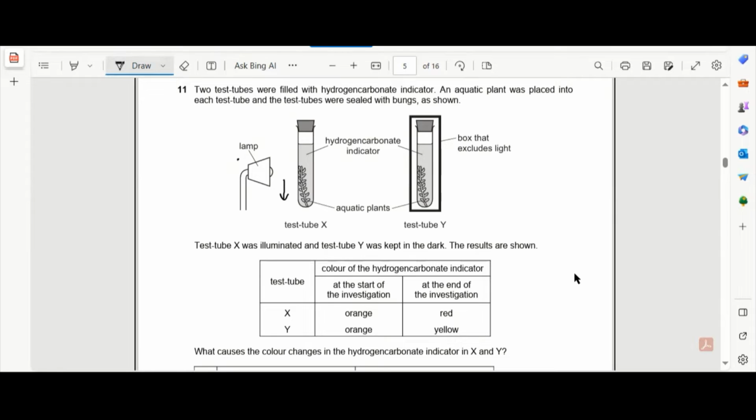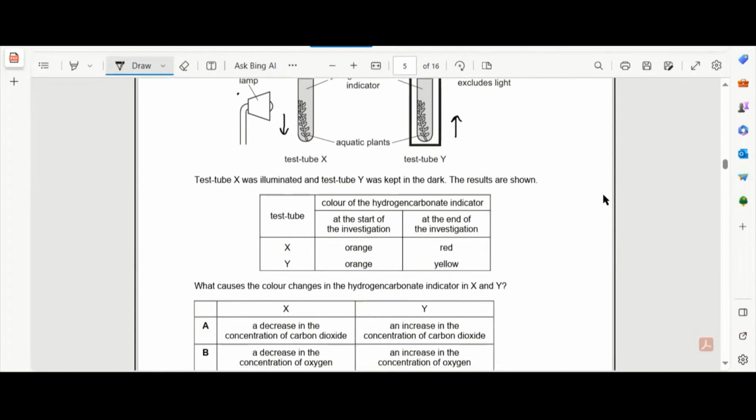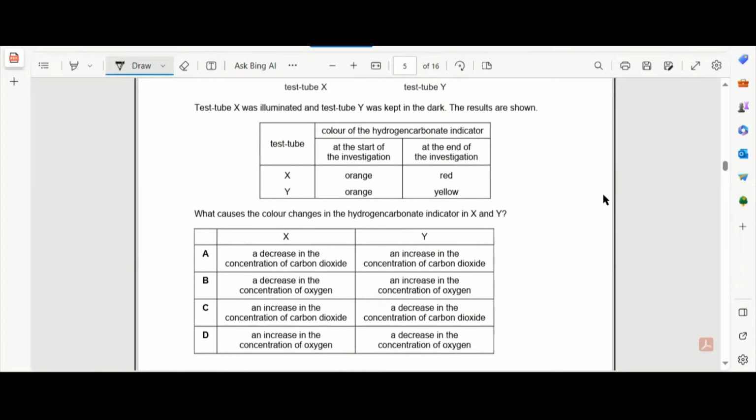So it will exclude light, so there will be no photosynthesis, only respiration will happen, and that will cause carbon dioxide concentration to rise. So that's why the color is red for test tube X and yellow in Y. So A will be the only correct answer. A decrease will cause the indicator to go red, and an increase will cause the indicator to go yellow.